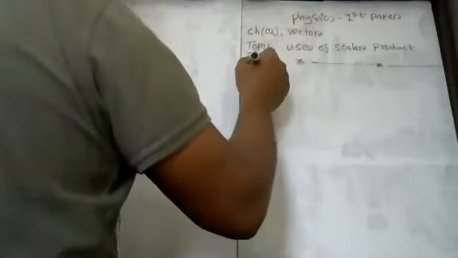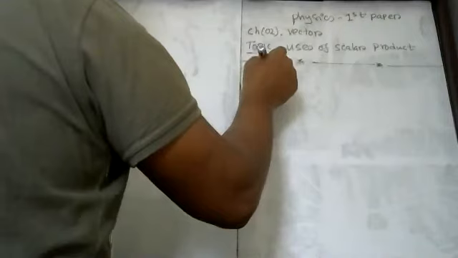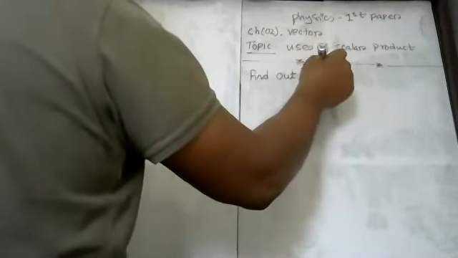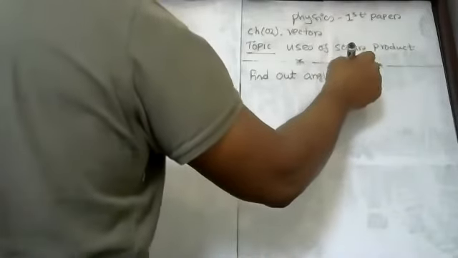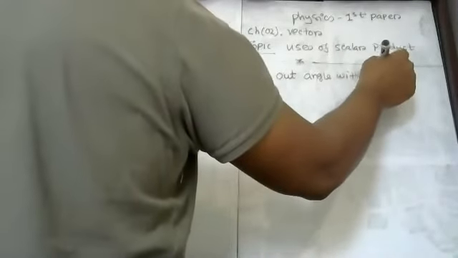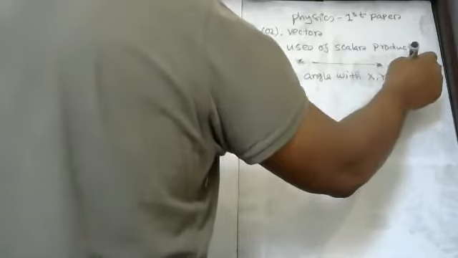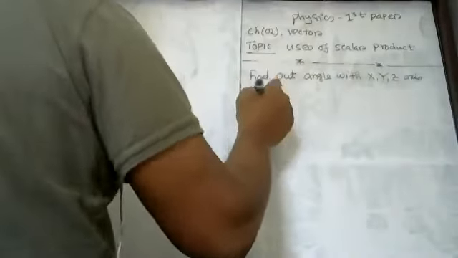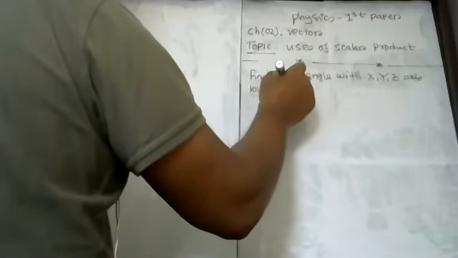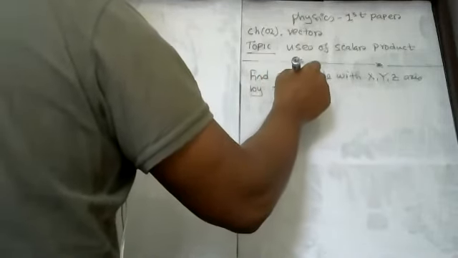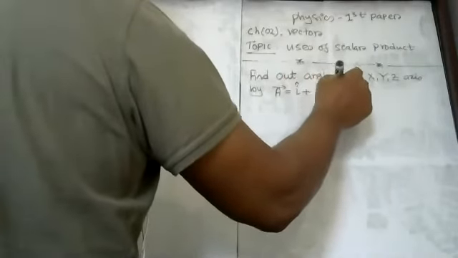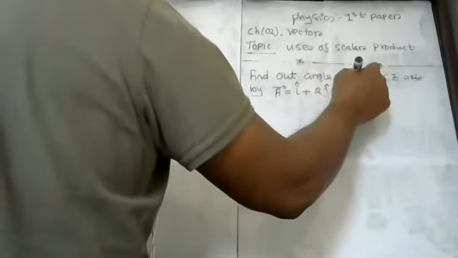That is, find out the angle with x, y, z axis by vector A equal to i hat plus 2j hat plus 3k hat.